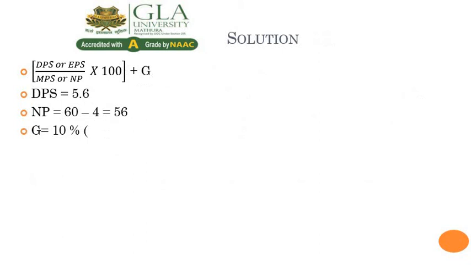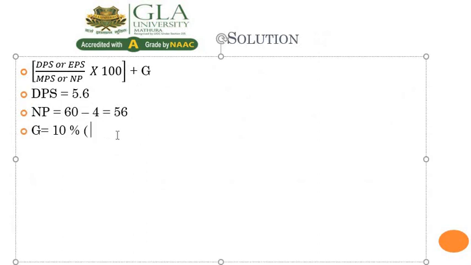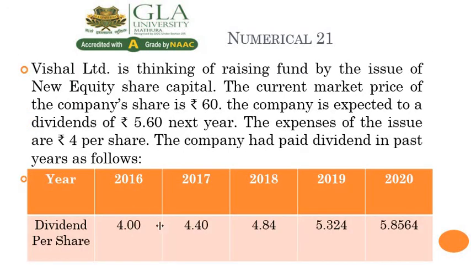So our formula is change into 100 upon existing. In this numerical our change is 40 paise, 0.4, because existing is 4.